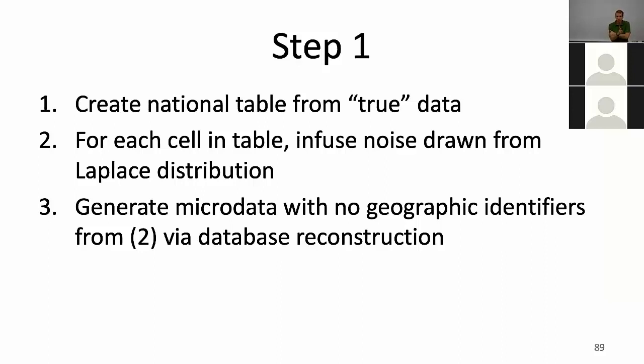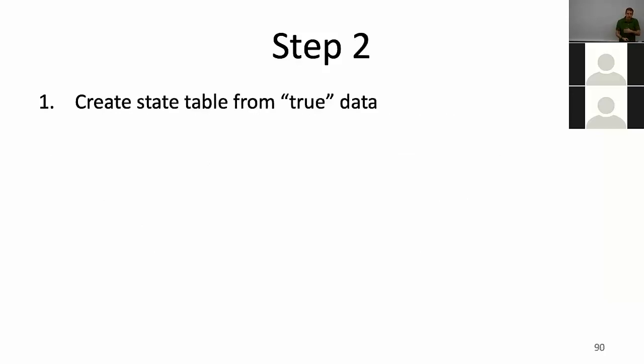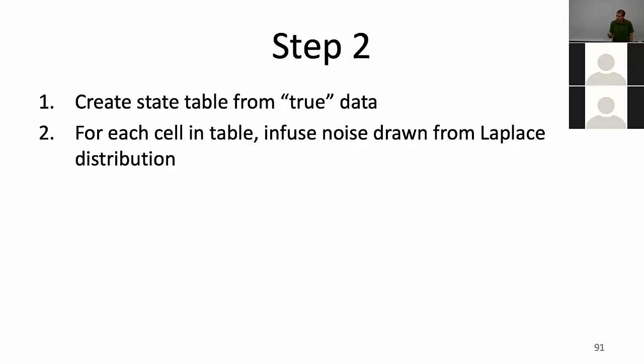So the output from step one will then be used in step two. In step two, they move down one level of the geographic hierarchy to the state, and they create a state table from the true data. So in this case, they'll create a VHR, an HHGQ, and a detailed table for each state in the U.S. For each cell in that state table, and now we're at 51 states times the number of cells in the national table, they'll infuse noise drawn from these distribution curves into those cells.